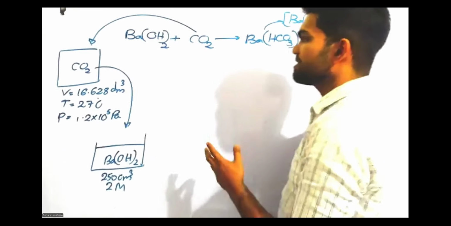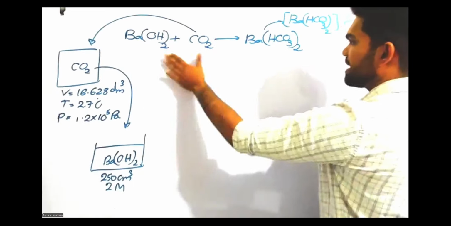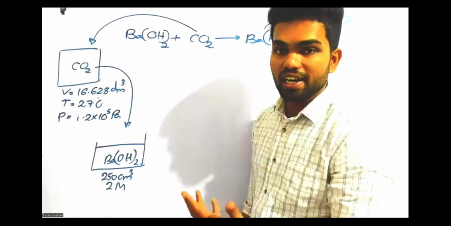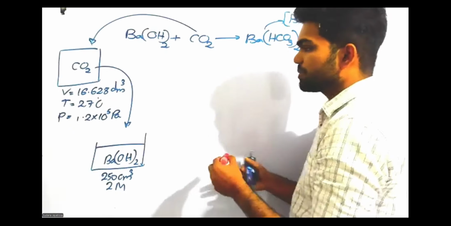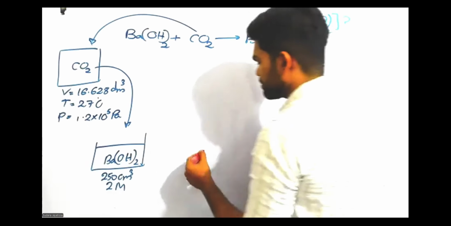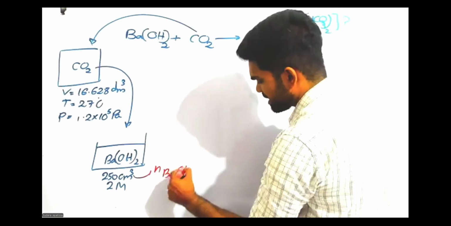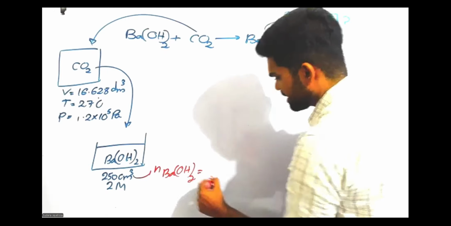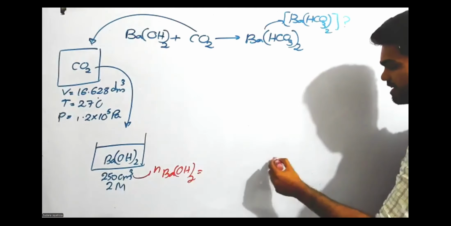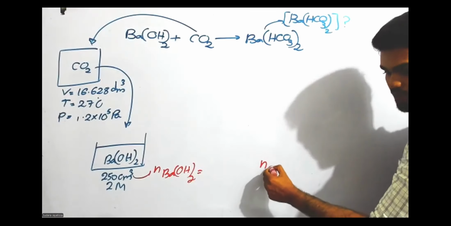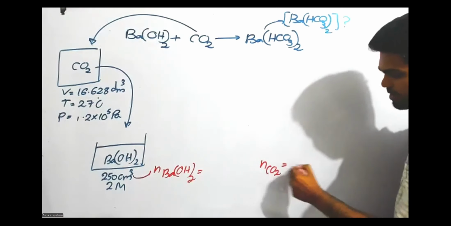Okay, so you can see here, there are two reactants and both reactants have given data. So using this data, you can find out moles of both reactants. So you can find out moles of barium hydroxide here. And then from the given data for the carbon dioxide, you can find the moles of carbon dioxide also.